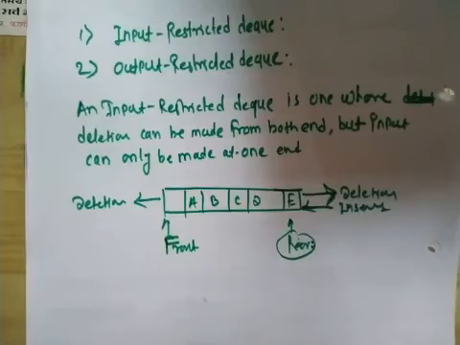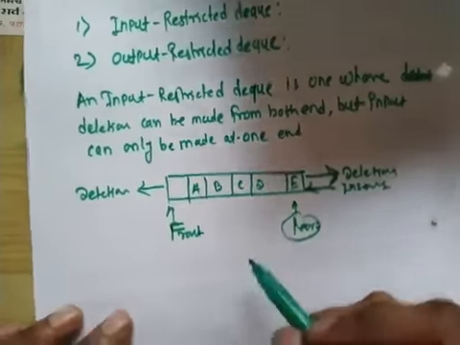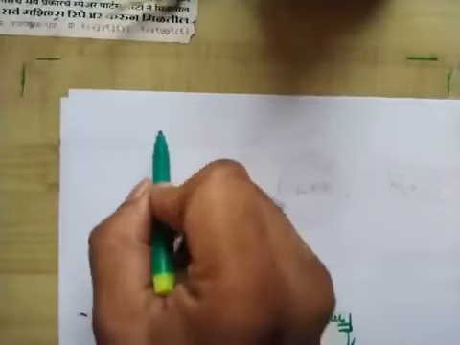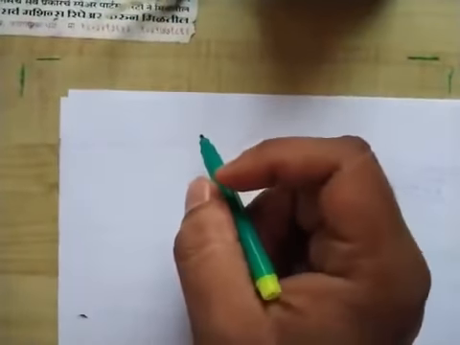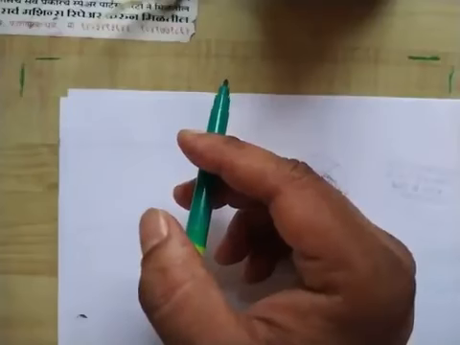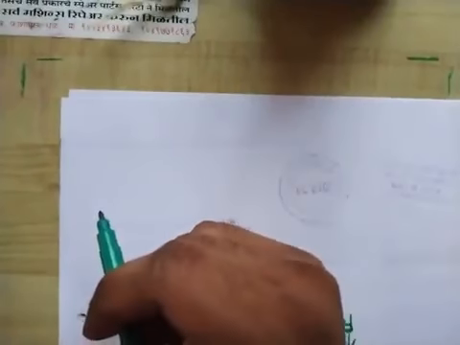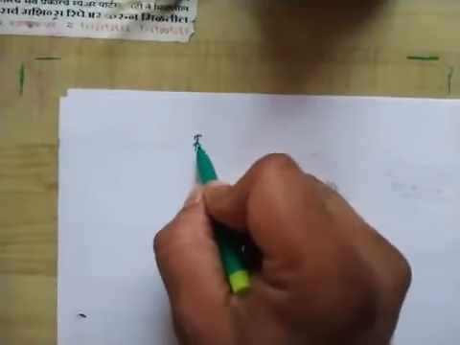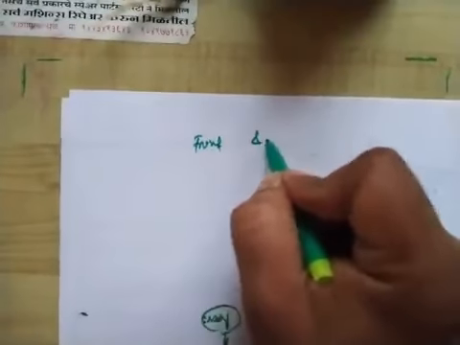Very simple. Similarly, in output restricted double-ended queue, what is going to happen? We can perform insertion through both ends, like from the front end and the rear end.